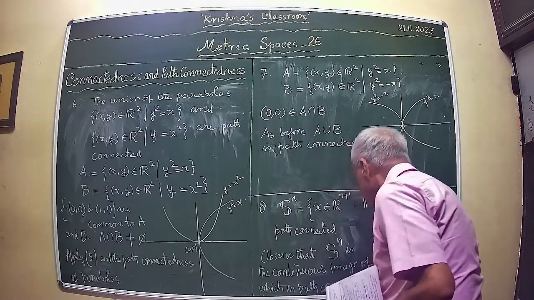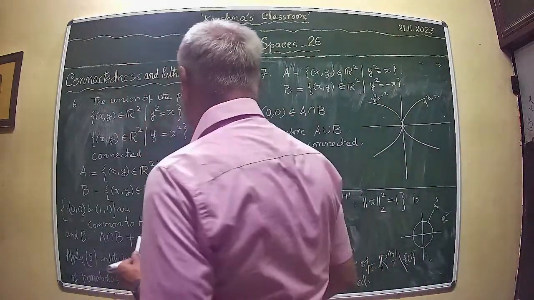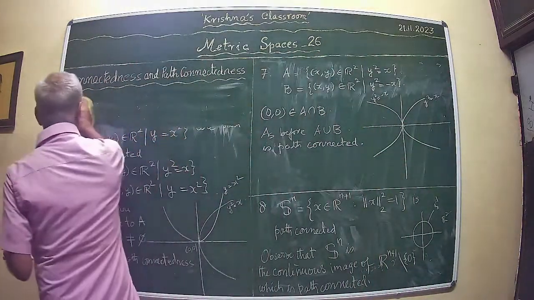What is this continuous image? So continuous image of path connected sets is path connected. That's what we have proved just now.